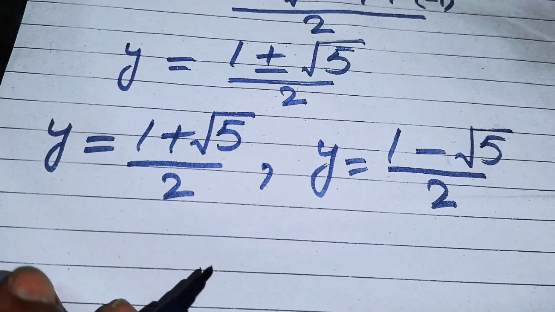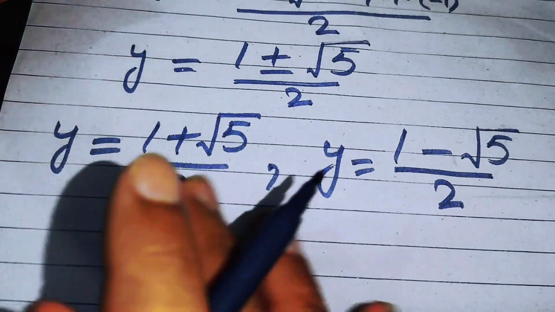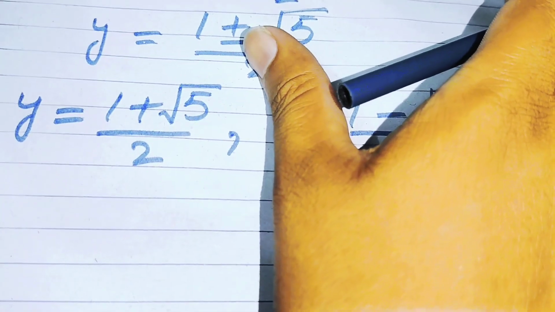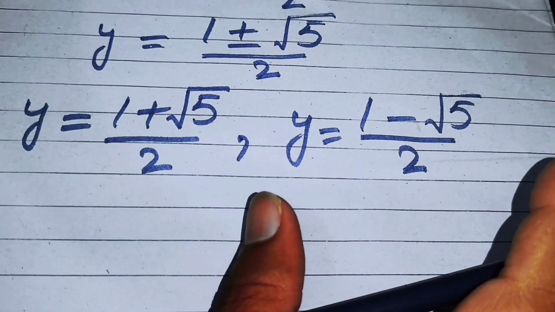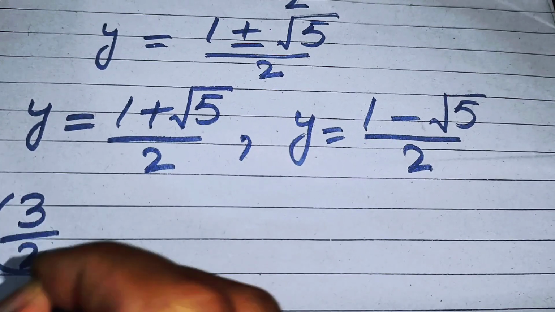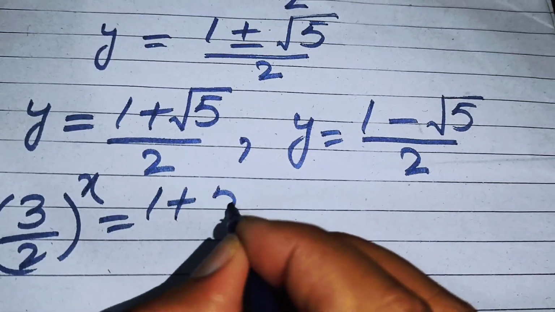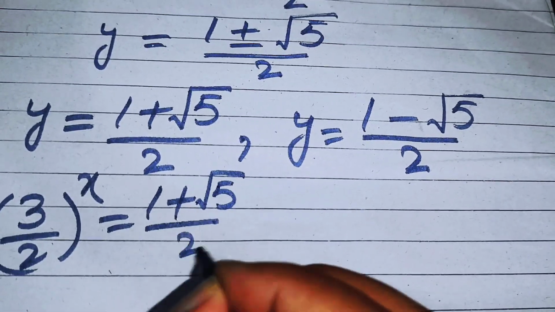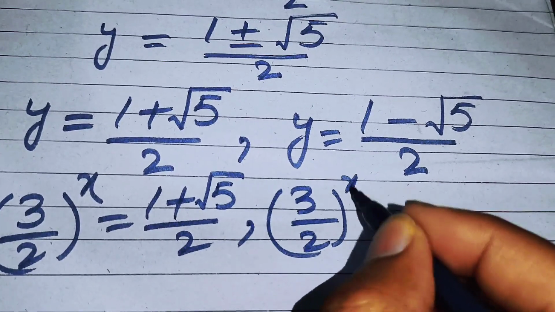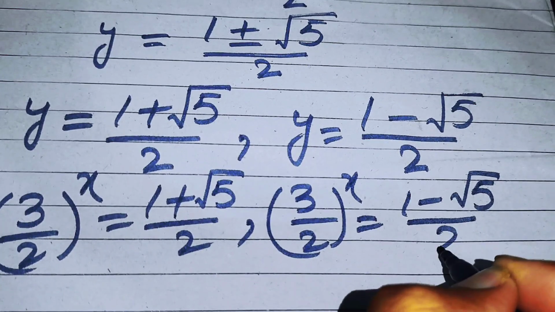And in the start of the question we took the value of y as 3 over 2 to the power of x. So now we back substitute the value of y. So it is 3 over 2 to the power of x is equal to 1 plus square root 5 over 2, and 3 over 2 to the power of x is equal to 1 minus square root 5 over 2.